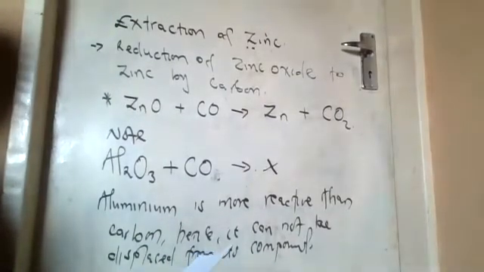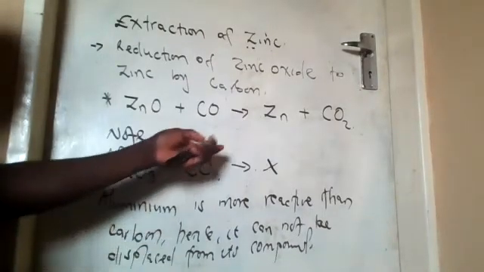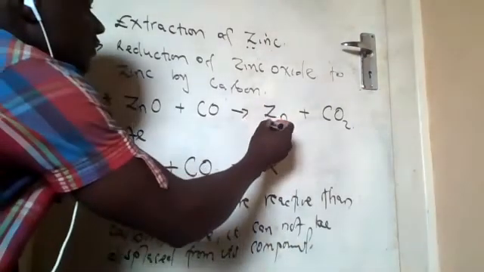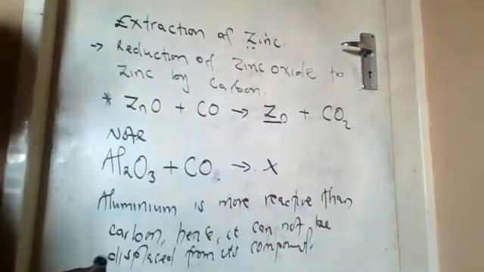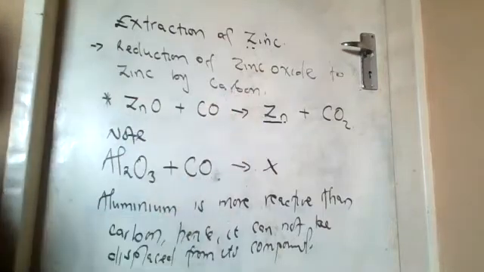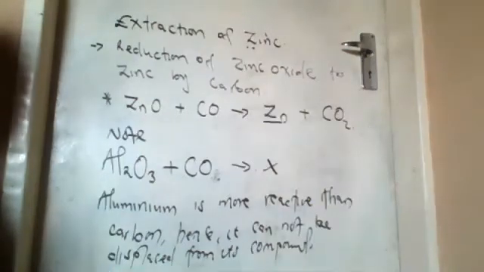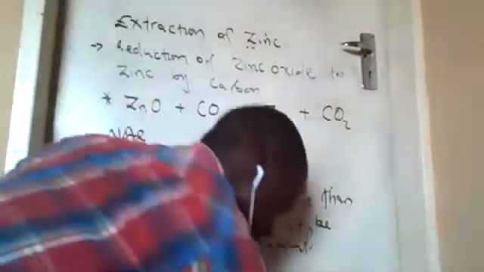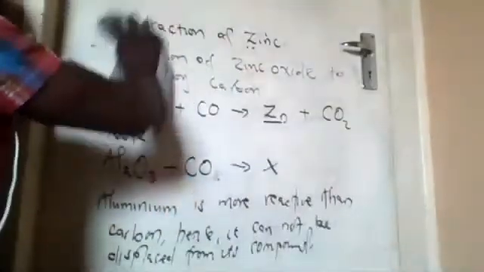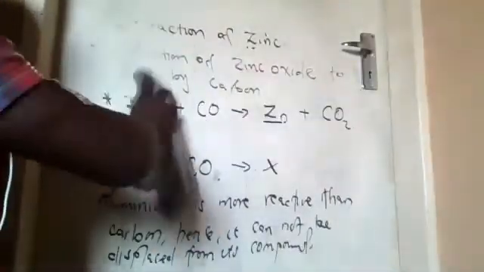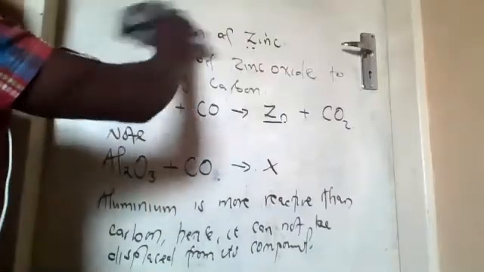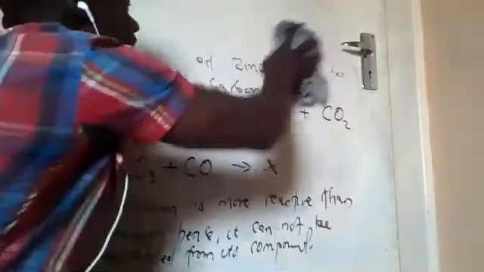Now, having looked at this, we have to look at the uses of zinc. When this pure zinc metal is gotten from its ore, zinc blende, where do we use it? But first, we are done with extraction. So there are two stages involved.